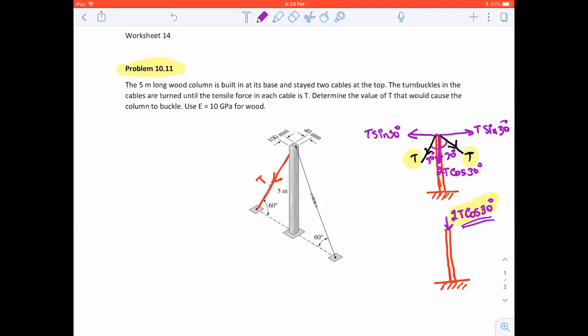If I consider this to be my y direction, this is my z direction, and my x is going down like this. So if I consider this little cross section, it looks something like this.